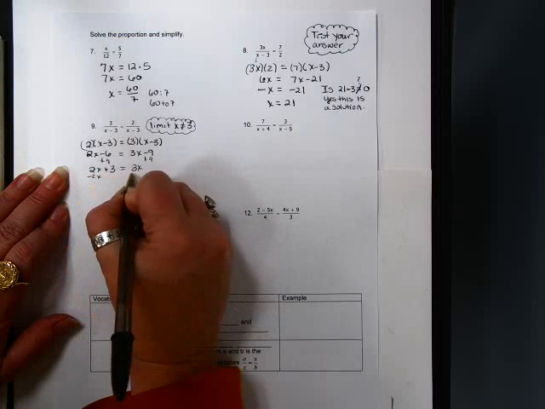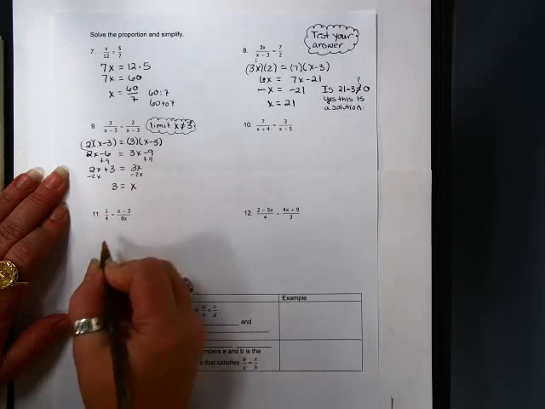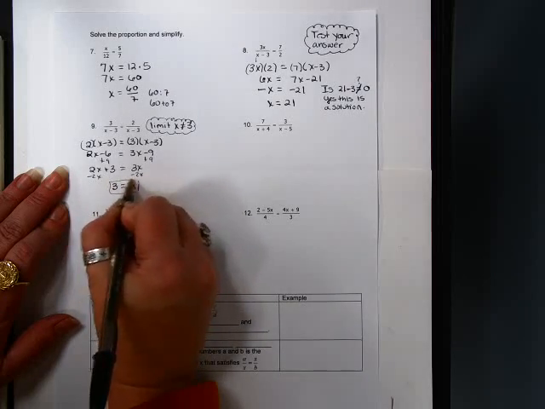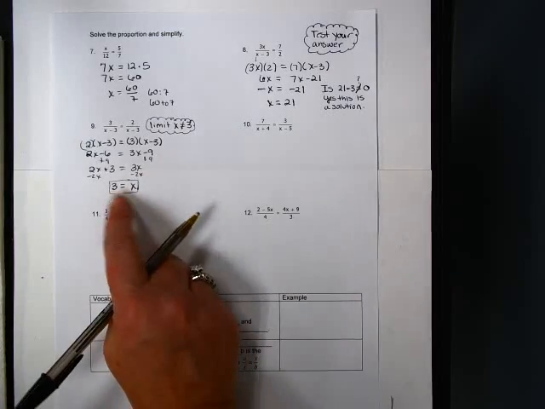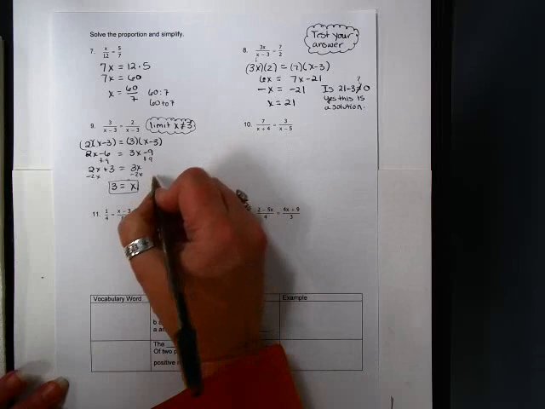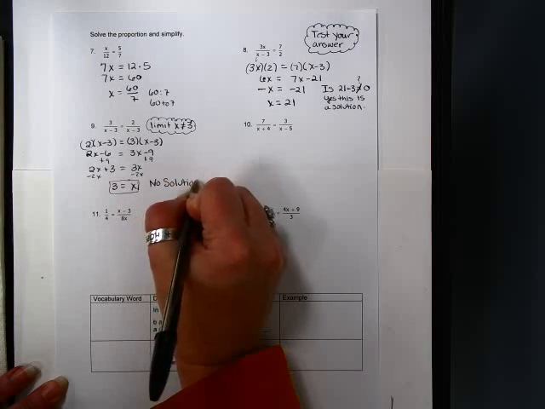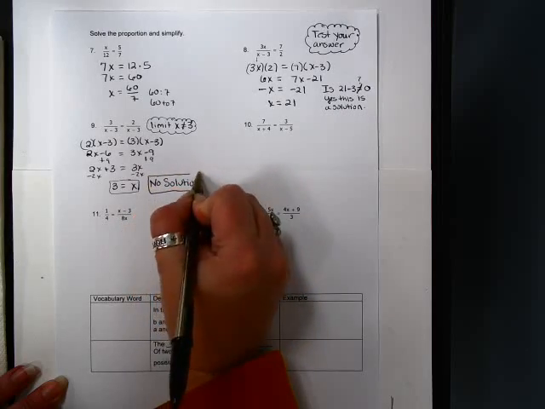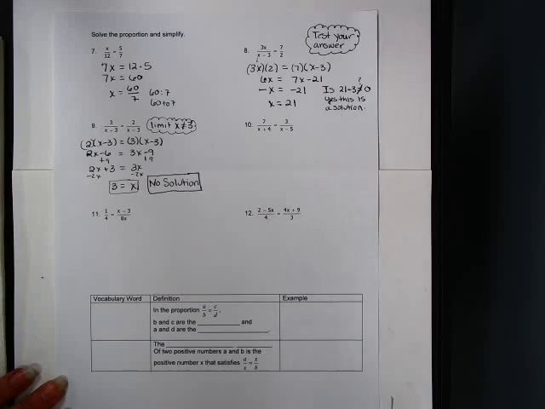Minus 2x, I get 3 equaling x. Uh-oh. That's what I said I couldn't have. So I know that since x equals 3, and that would make my denominator equal 0, this has no solution. All right, you're going to do 10, 11, 12 by yourself.